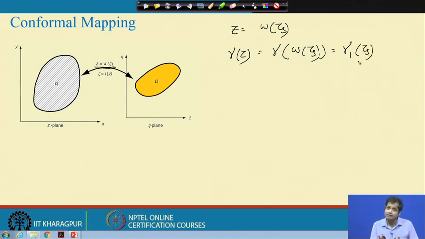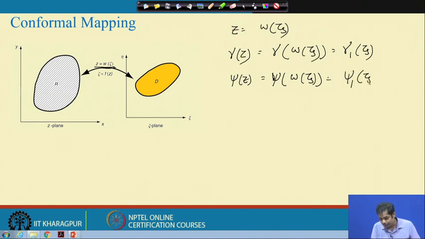Gamma 1 and gamma are essentially the same; when written in terms of zeta we represent it as gamma 1, but when written in terms of z, it is gamma. Similarly, psi of z, with z replaced by W of zeta, is psi 1 of zeta. Same as gamma, in terms of zeta it is psi 1, and in terms of z it is psi.